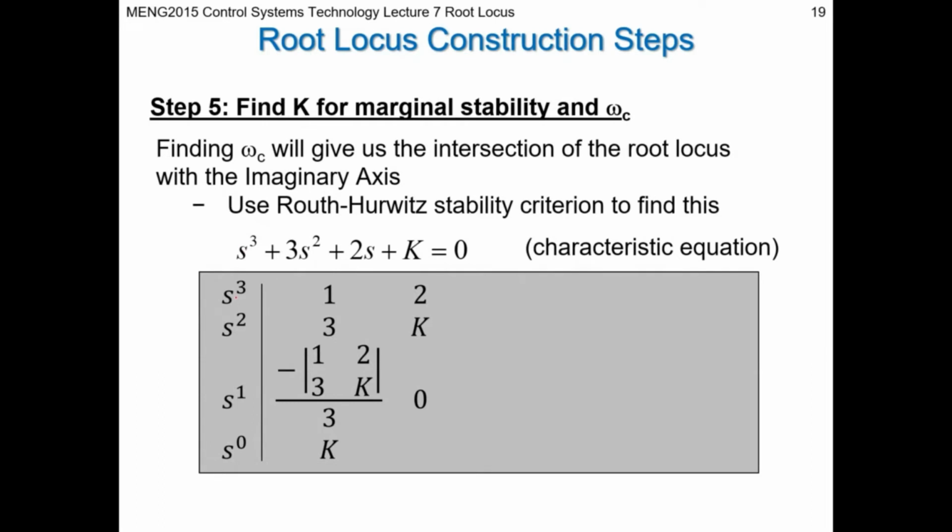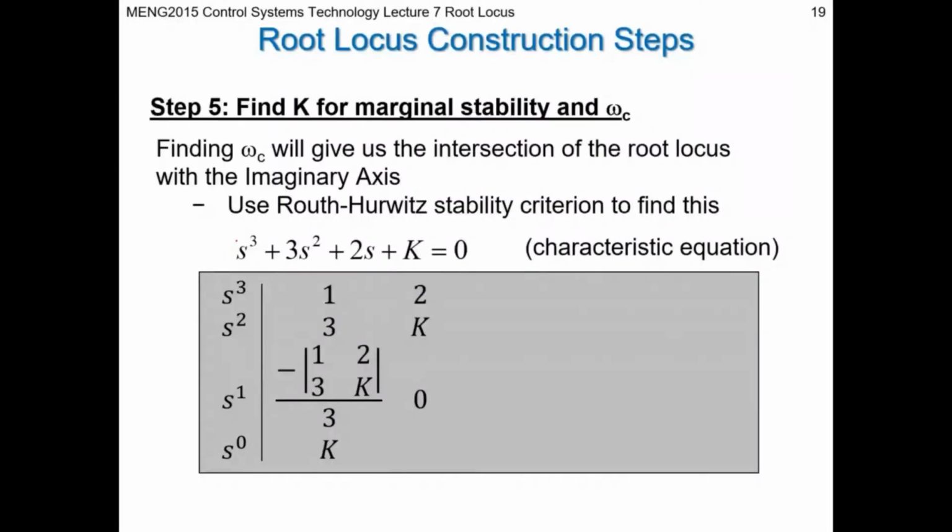So we've got the s cubed term, we put our powers of s down the left-hand side, and then we create a matrix from that. The first term is the coefficient of the highest power of s.